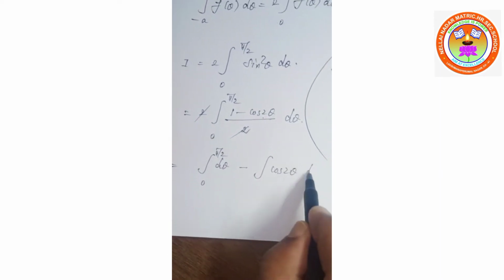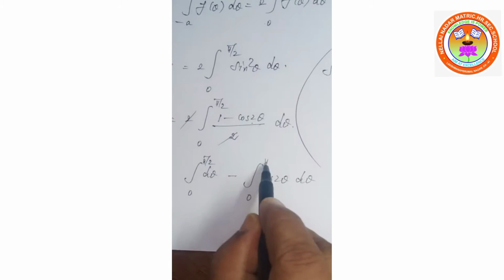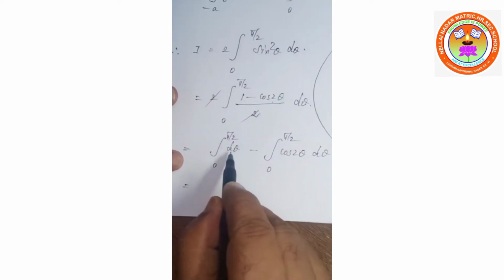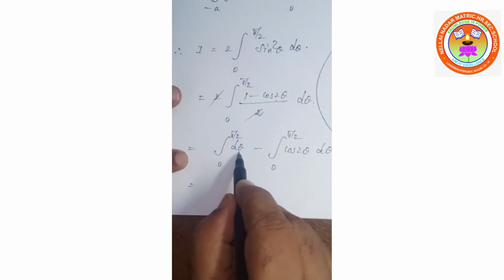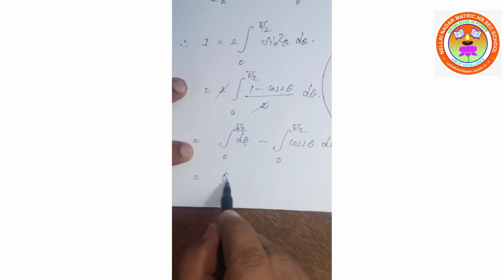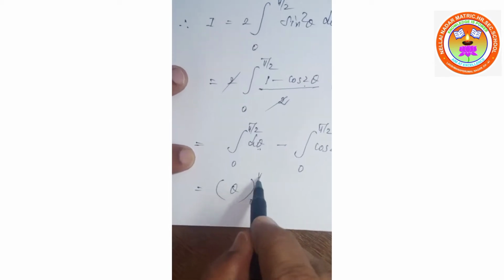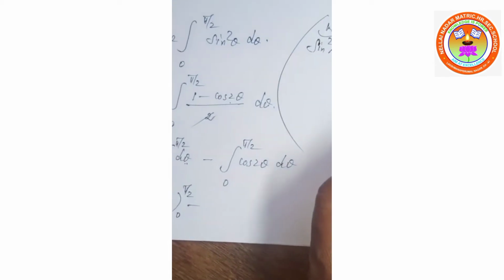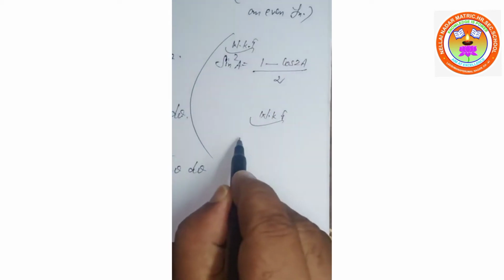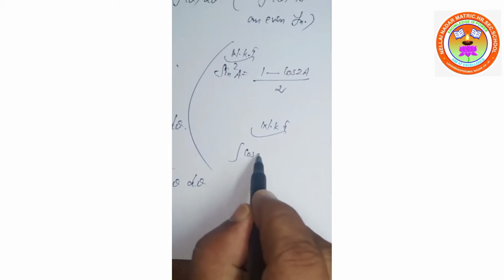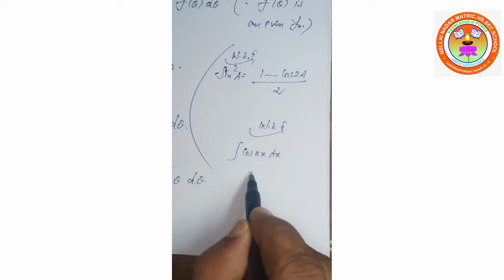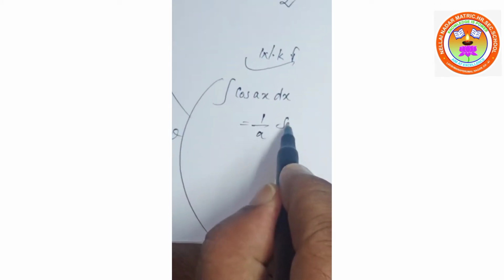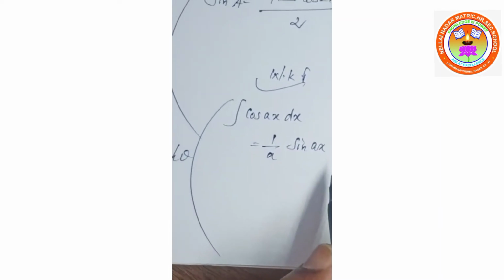Cos 2 theta d theta, integral 0 to pi by 2, equals: integral dx is x, so integral d theta is theta, limit 0 to pi by 2. How to integrate cos 2 theta? We know the formula, integral cos ax dx equals 1 by a sin ax.